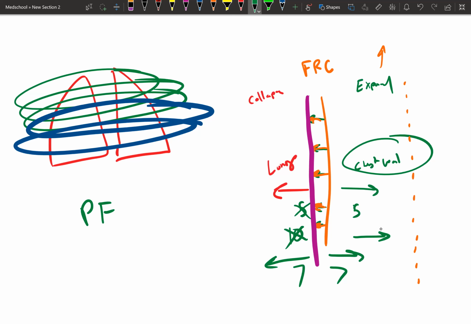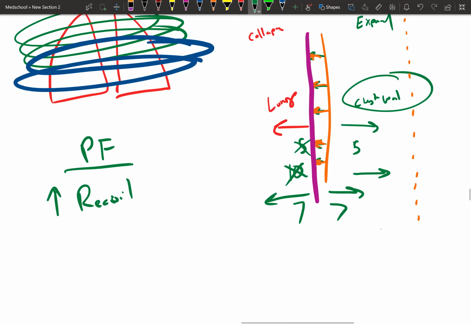So with pulmonary fibrosis, what are we doing to the lungs? We are increasing recoil. What else are we doing? We are decreasing FRC. What else? We're decreasing residual volume as well with pulmonary fibrosis.